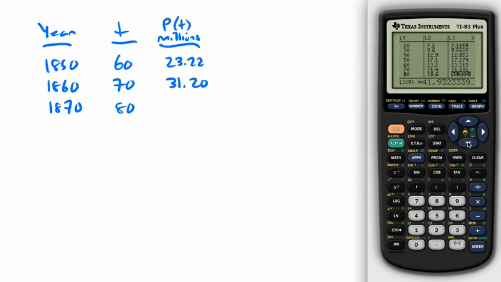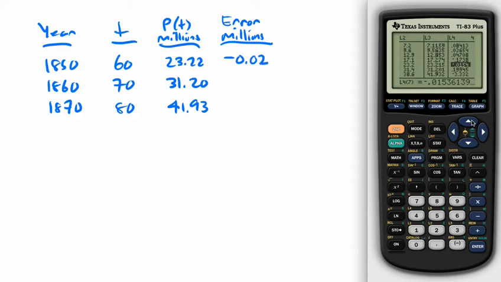And in 1870, when t is equal to 80, the model predicted value is 41.93. The errors for each of those years, in millions, are right over here. Negative 0.02, that's the one we did on the previous slide, million.